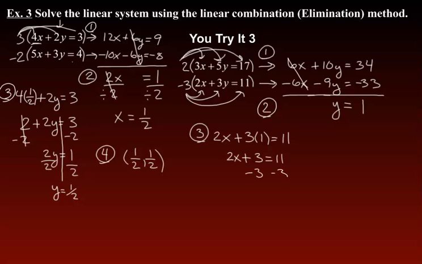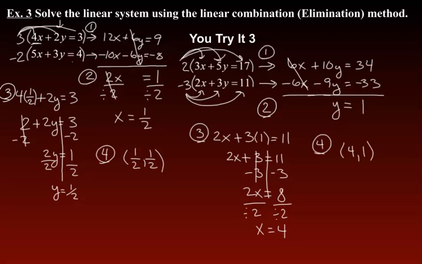I'm going to subtract 3 from both sides so that the 3's cancel. I get 2x equals 8. Then we have to divide by 2. And so x is equal to 4. And the last thing, step 4, is to write our ordered pair, 4, comma, 1. And with that, your notes are done, and you have some more practice to do.